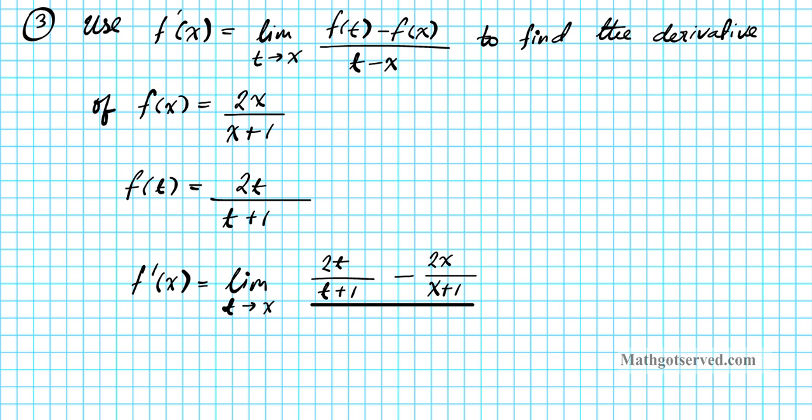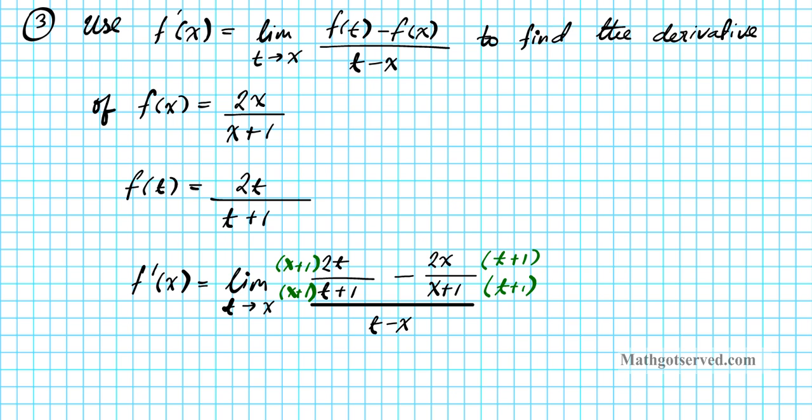Okay, now this is like two fractions that we want to subtract, so we need to find the LCD. The LCD of t plus 1 and x plus 1 is t plus 1 times x plus 1. So to make the denominators the same, I'll multiply this by t plus 1 on the numerator and denominator. And then on the left side, I'll multiply by x plus 1, top and bottom.